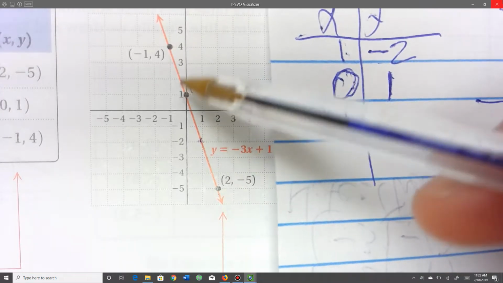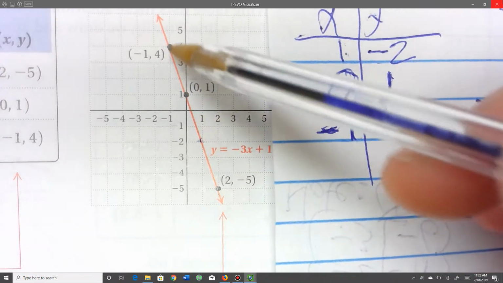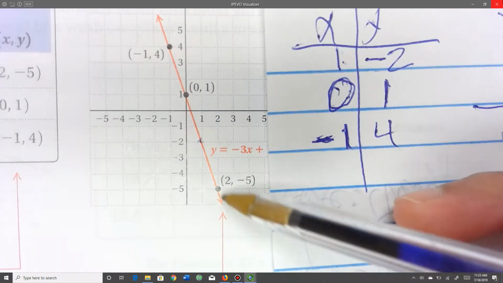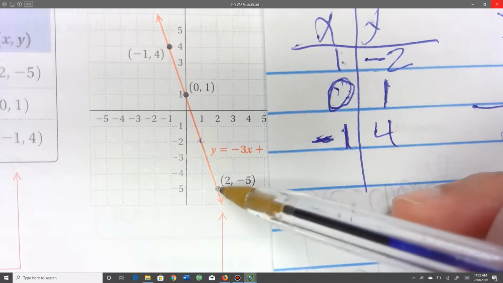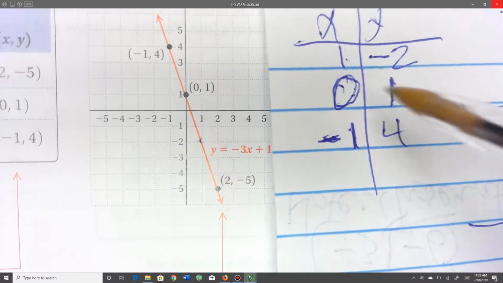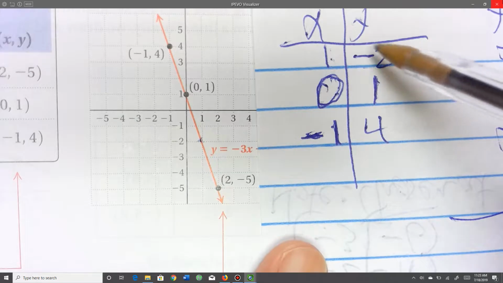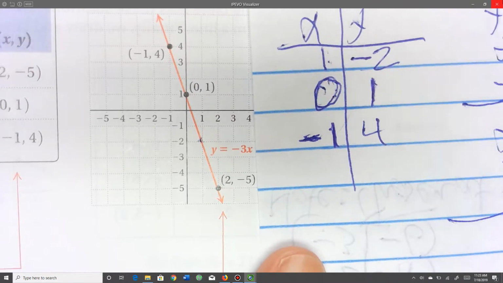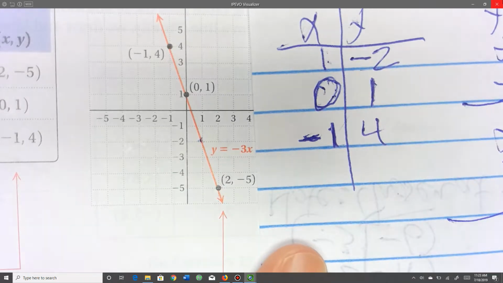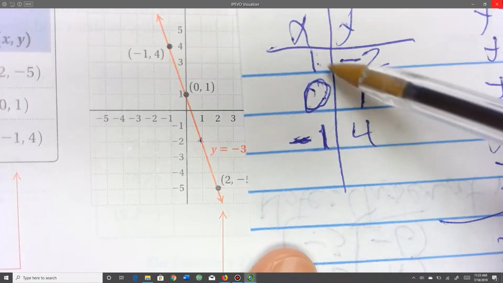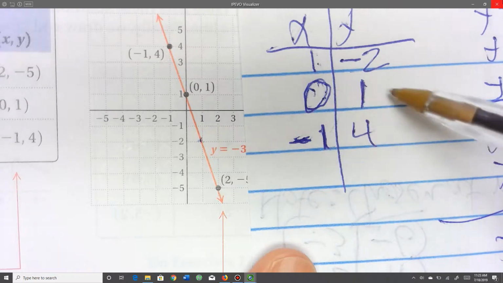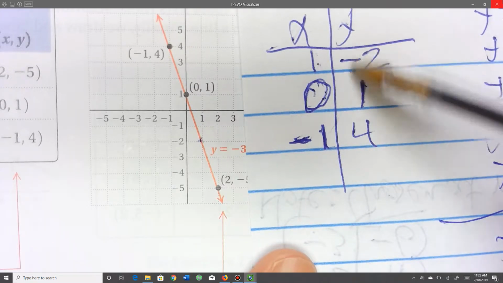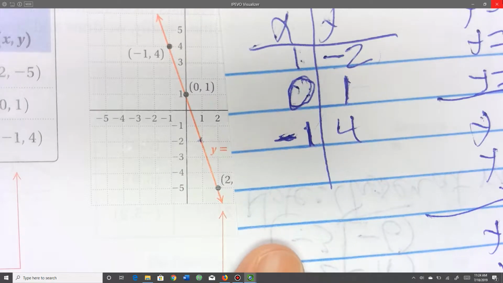We found 3 points to graph this equation. You could use different points, and that's okay. You don't have to use these 3 points. I chose them because these were the smallest values I could use, the smallest values that could give me digits here and not fractions.